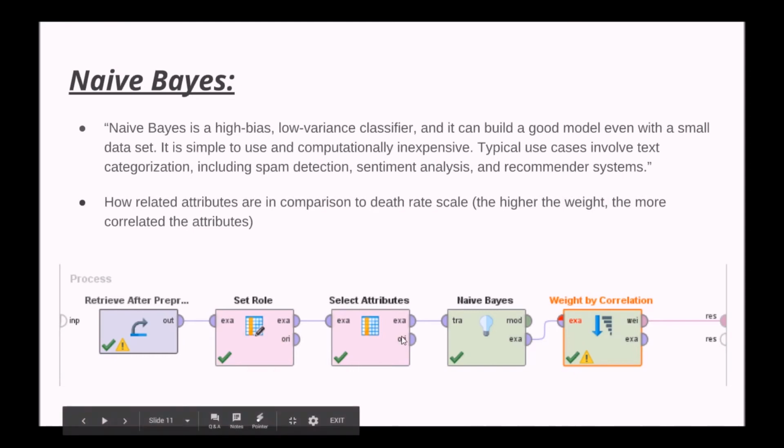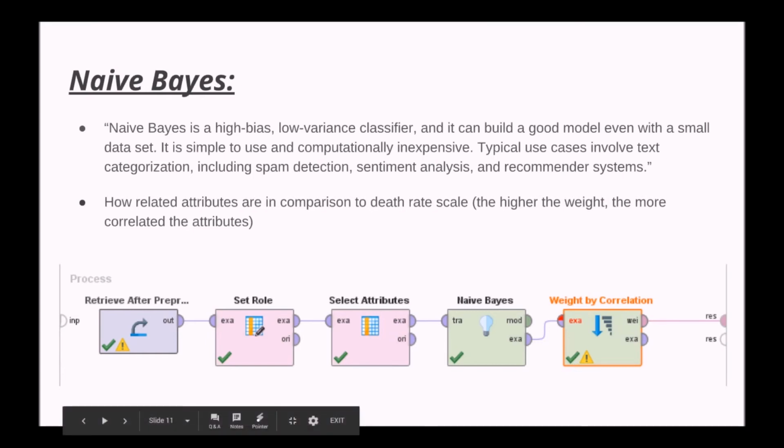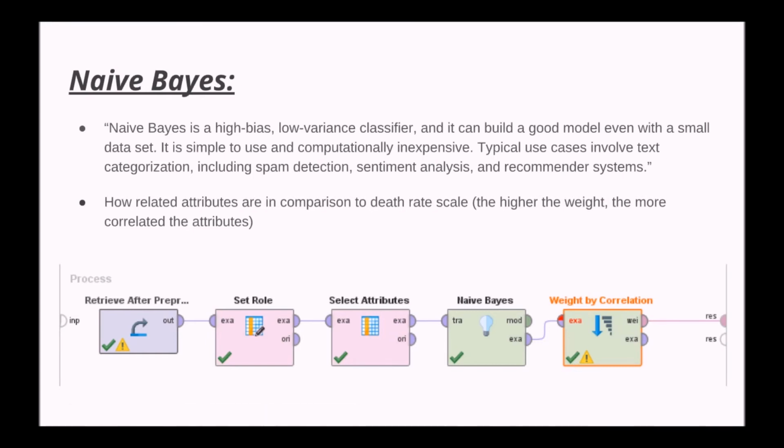This will be used by naive Bayes, so this provides the attribute that we want to compare against. We'll see how that plays out in the results. With select attributes, we selected a subset of attributes, since we didn't want everything included here. Naive Bayes is the actual operator, and then weight by correlation provided a weight by how correlated things were with naive Bayes.